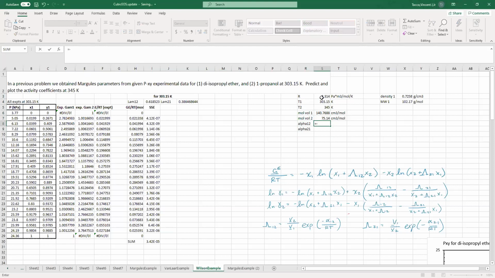It's minus R times T1 times ln of V1 divided by V2 times lambda 1, 2.